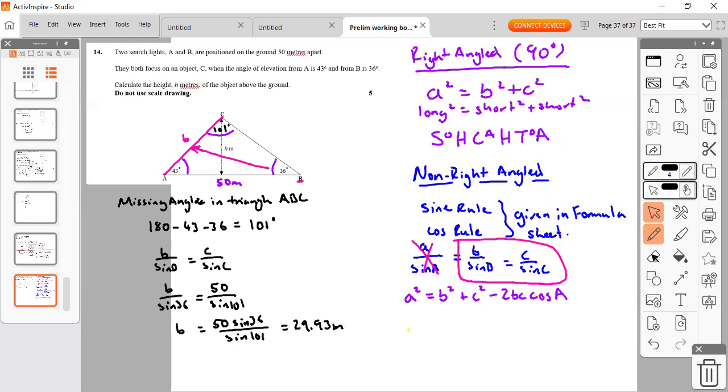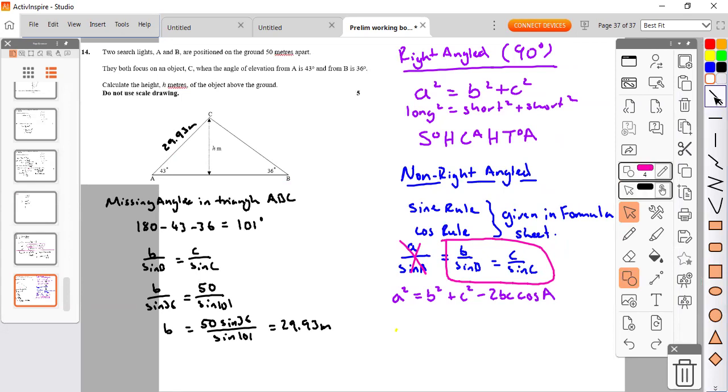We found out side B is 29.93 meters. Now what I can do with that information is create a right angle triangle.